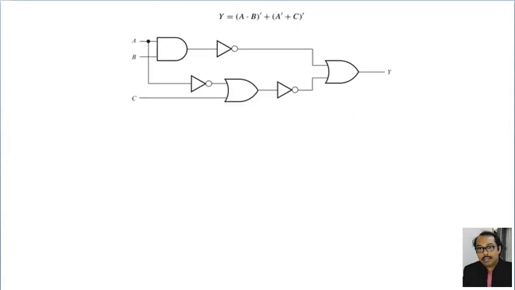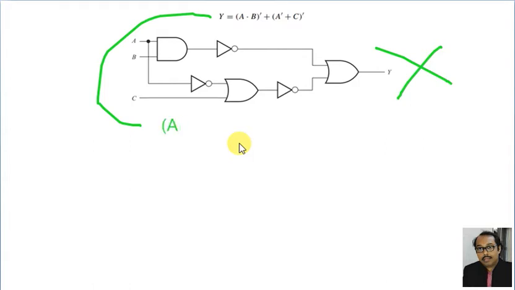Now this one is an important one. See how I am going to draw this circuit. At first, don't look at this circuit. Just look at this one. I am going to write this in front of you. I am writing A into B, whole complement, plus A complement plus C complement.